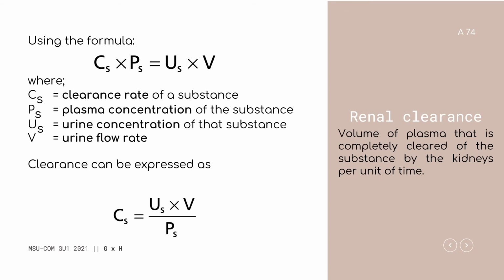From the formula as shown, you can conclude that the following are needed for an ideal substance to compute a person's renal clearance. First, all of it must be cleared by the glomerulus. 2. None of it must be reabsorbed by the tubules. 3. All of it must be excreted in the urine, and therefore, 4. None of it must remain in the plasma.